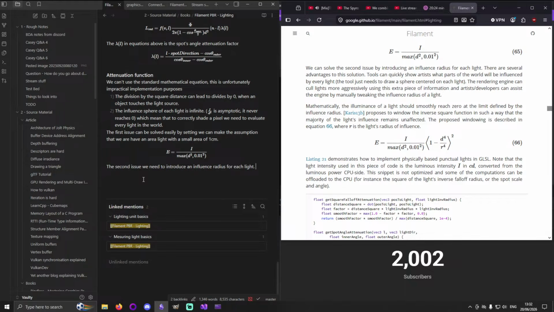There are several advantages to this solution. Tools can quickly... So an influence radius.